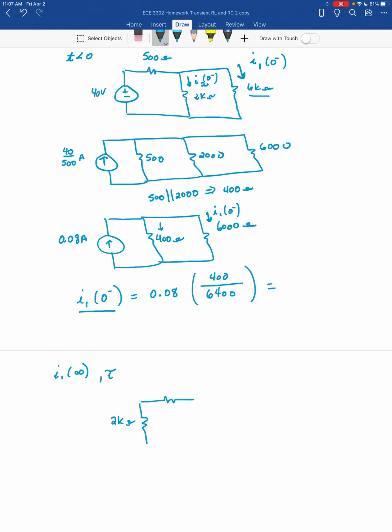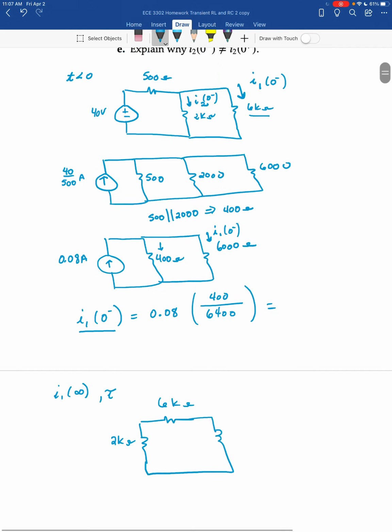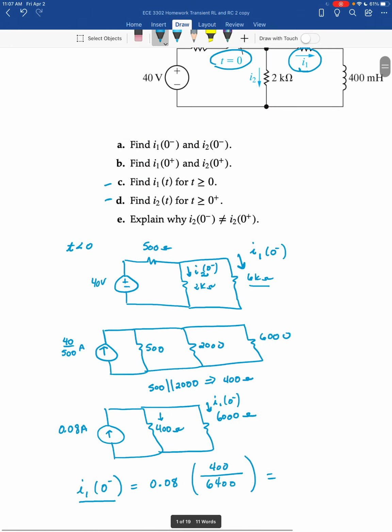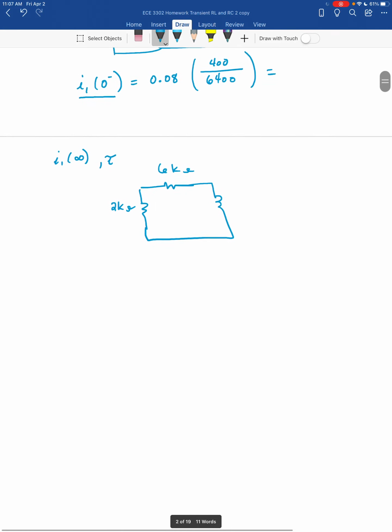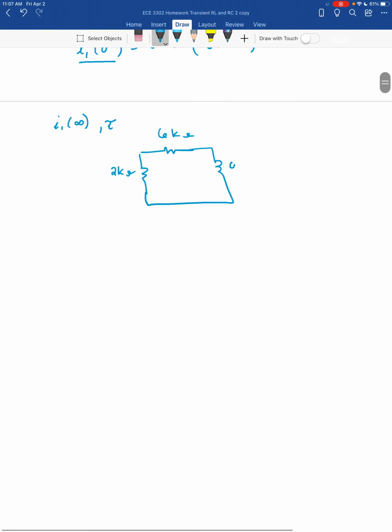So here's 2K, here's the 6K, here's my inductor. What was that again? 400 millihenries. Let me go ahead and write that as 0.4 henries.